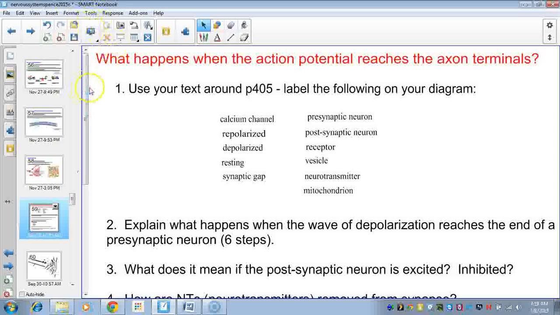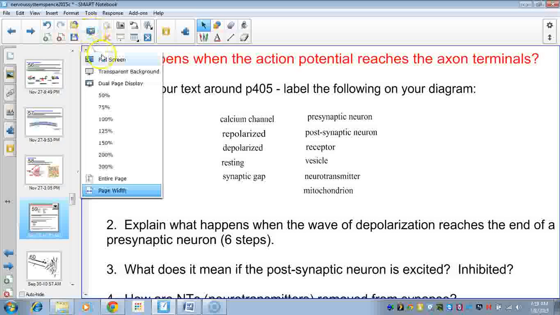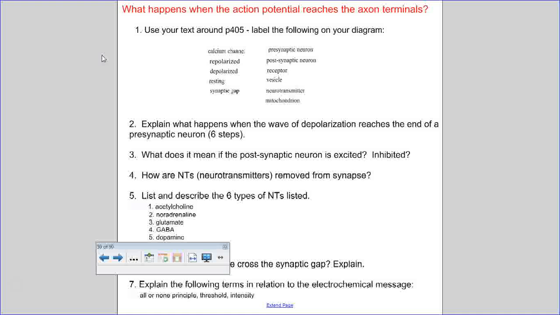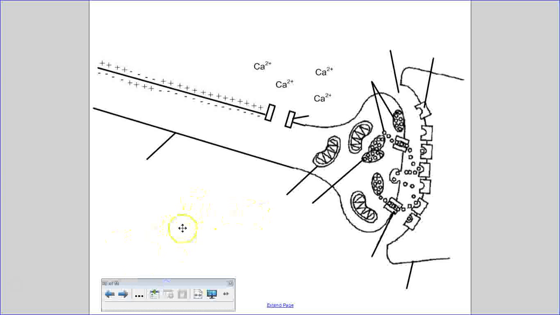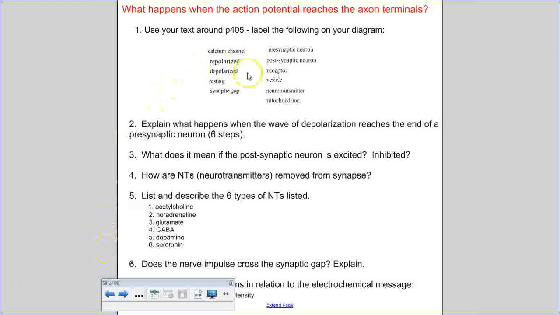And it was covered through some questions that were handed out in the electrochemical message little handout that we gave out. Okay, so it's the last slide. We have a look at it. The first question was to take this diagram and label all of these things on it.